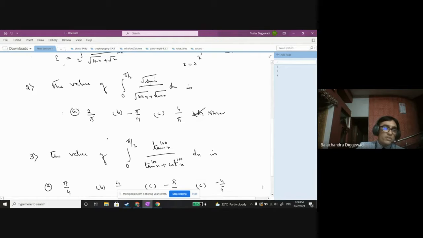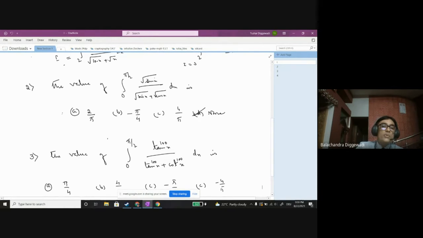The same function is there, and whenever a trigonometric function is there, its co-function will be there. If cos is there, the other is sine. If tan is there, one term is tan, the other is cot. If sec is there, the other is cosec. It will be present in that format.